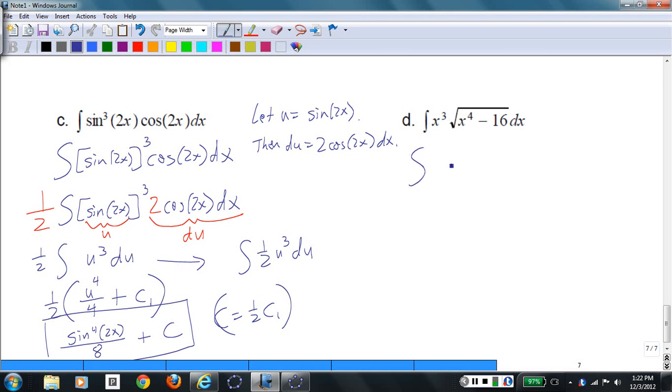I'm going to write this one as the integral of x to the 4th minus 16 to the 1/2 times x cubed dx. It would appear that the inside function is x to the 4th minus 16.